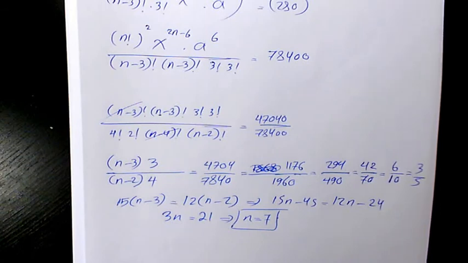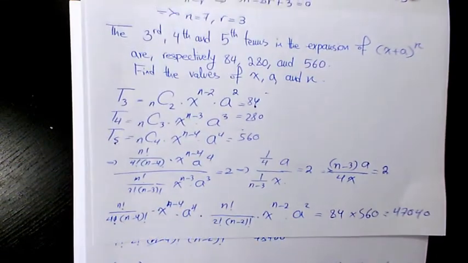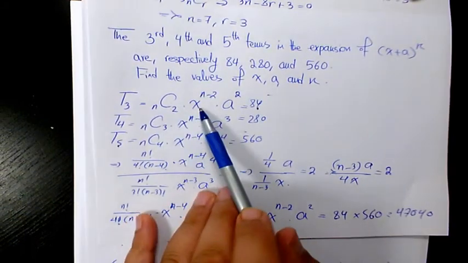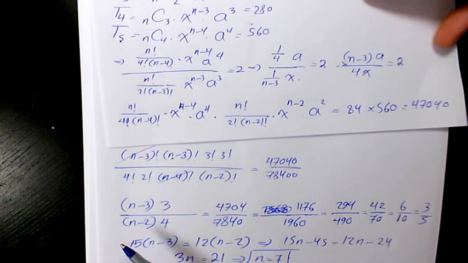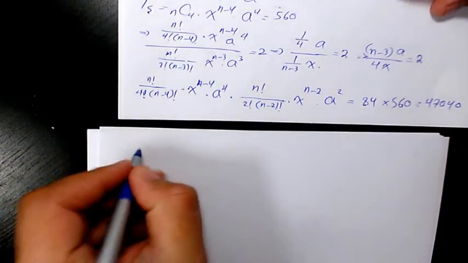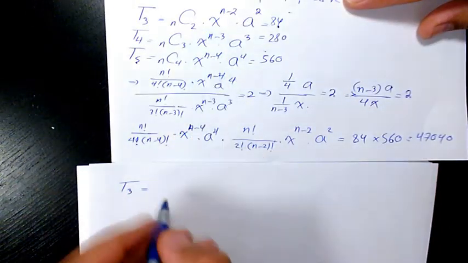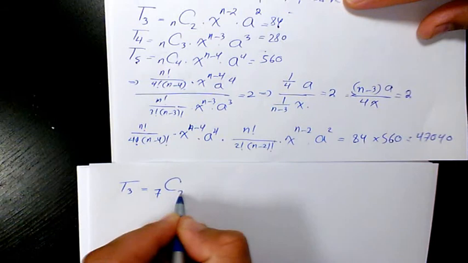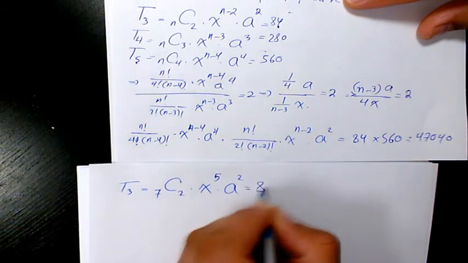Now we can go back and find x and a. So n is 7, so we can sub it there. We had T3 here; instead of n, I put 7. 7C2, x to the power of 7 minus 2, which is 5, a squared is going to be 84.